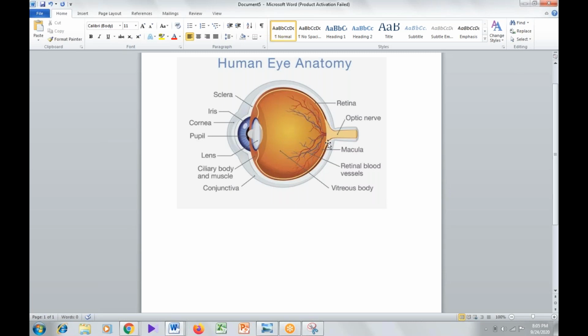Like from the normal shape, their shape changes. So suppose everything is perfect in that person, their retina is perfect, their lens is perfect, but still he's having some eyesight problem, so he's not able to see.